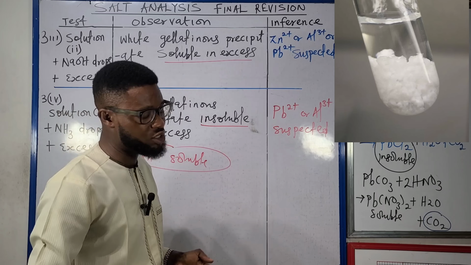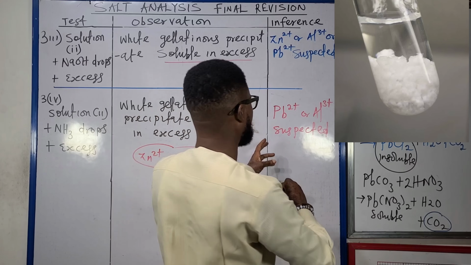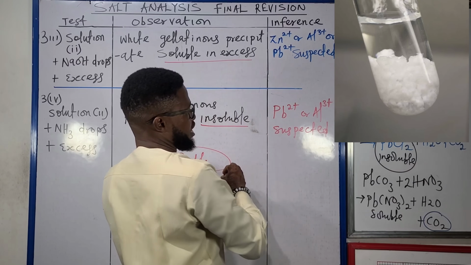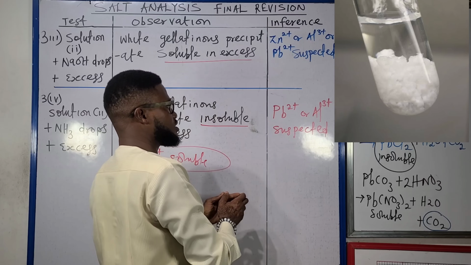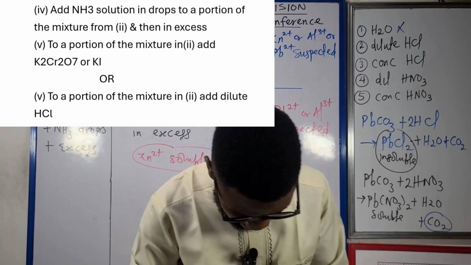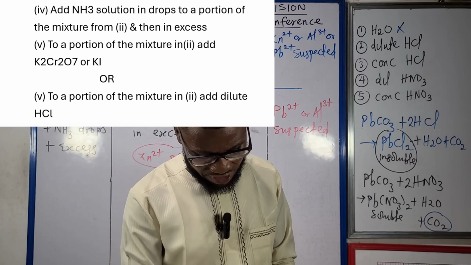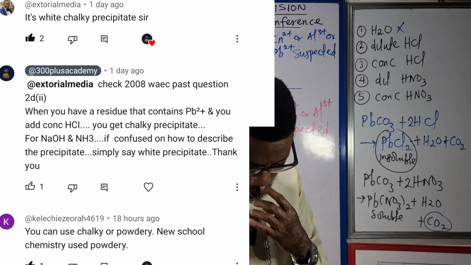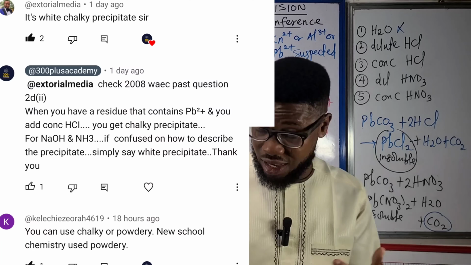So the big question then is, how are we going to determine which of the cations is present in this situation? Is it lead? Is it aluminum? And that is what question 5 seeks to answer. A very big thank you to someone who also raised that in the comments.